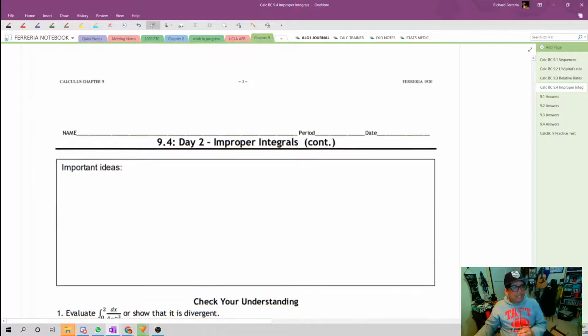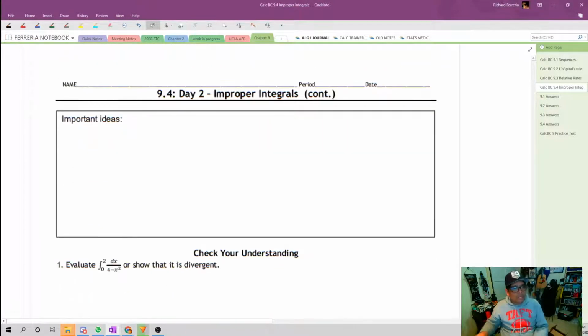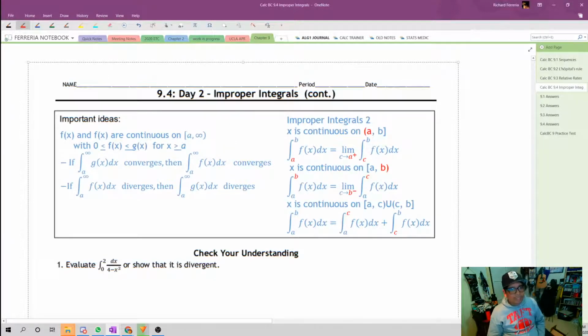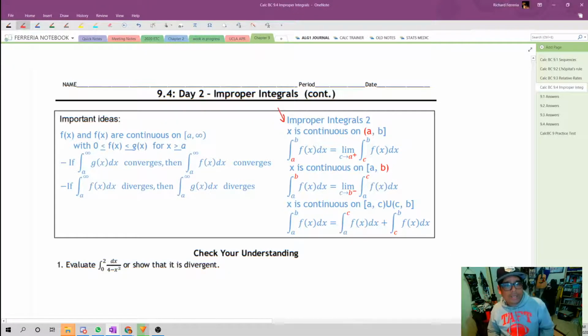Keeping that in mind, let's get to our important ideas for this section, the last set of important ideas for this chapter. There are two things here, and the first one is improper integrals. This just tells you that if you have a place which is infinite, either on the left or the right endpoint of the integral, you can turn it into a limit problem instead.